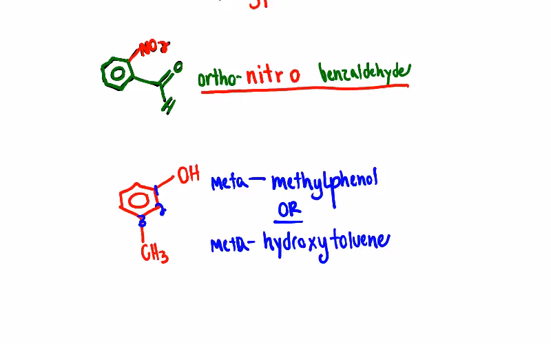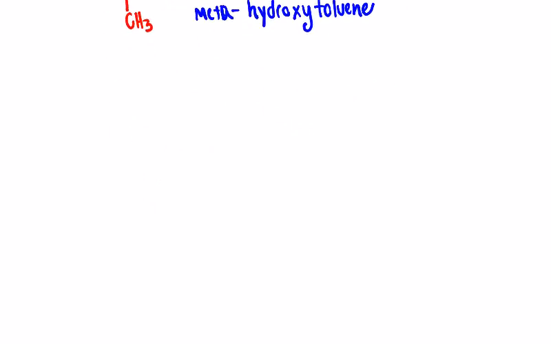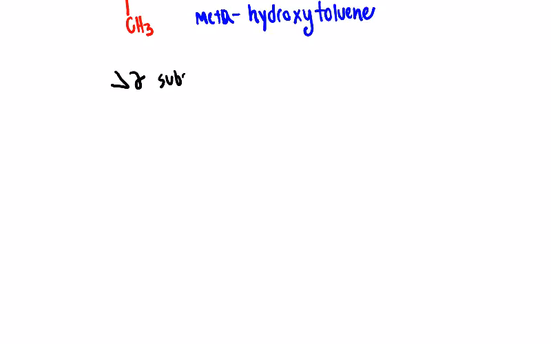The final situation we need to talk about when naming aromatic molecules is what if we have an aromatic ring that has more than two substituents on it? What will we go about doing there to come up with the name of that molecule? So we're going to look at greater than two substituents on the aromatic ring.